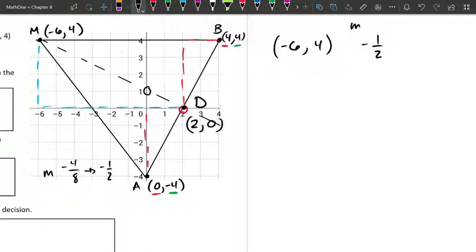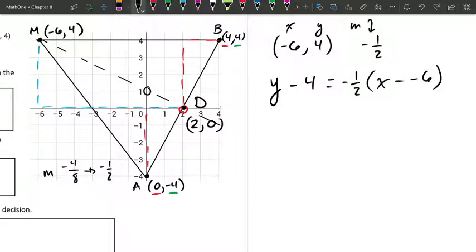And I have a slope of negative 1 half. So I can put these in the point-slope form of a linear equation. I can write y minus the y from my point equals my slope times the quantity x minus the x value that I know. If I simplify this, it's y minus 4 equals negative 1 half times x plus 6.